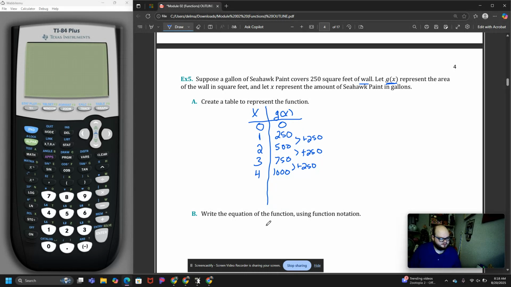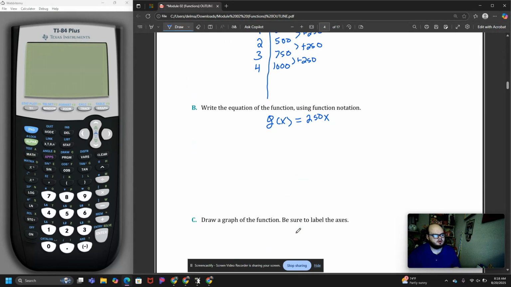Write the equation. So it's going to be g of x, because we're talking about gallons of paint. And what are we adding each time? 250. So we're doing 250 times the number of gallons. And we can test this to make sure it works.